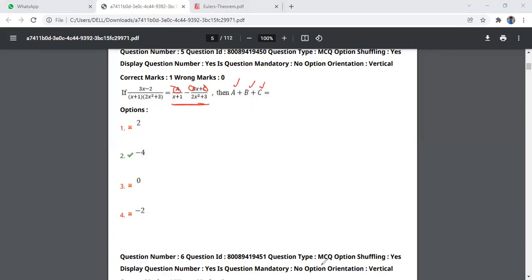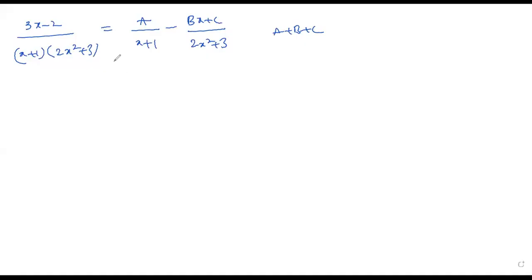Okay, we'll try to solve here itself. This is the question and they are asking what is a plus b plus c. Now just simply do the LCM procedure first. This left side, that is LHS, won't be changed, it will be like this only. If you do the LCM, this total part will be the multiple for a, this total part will be the multiple for b.